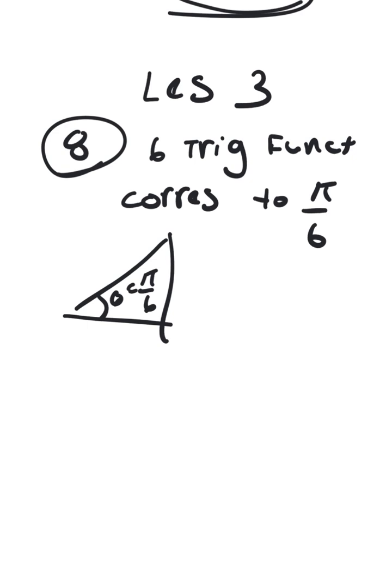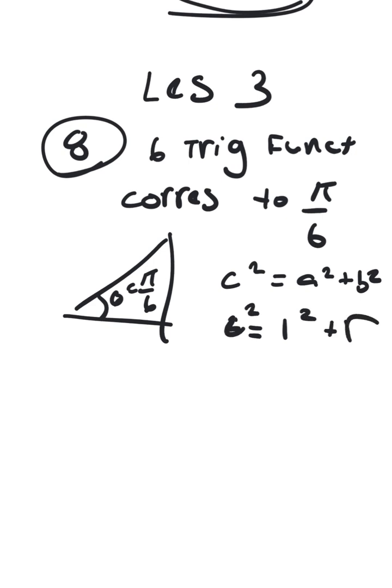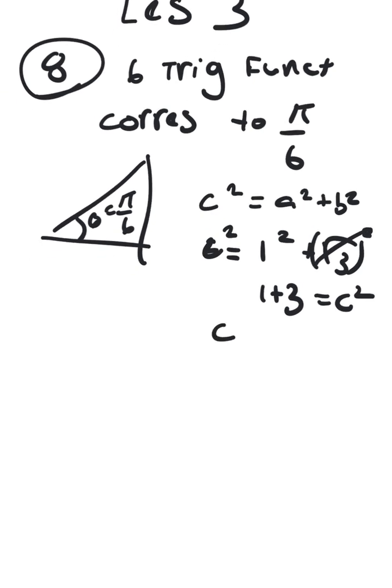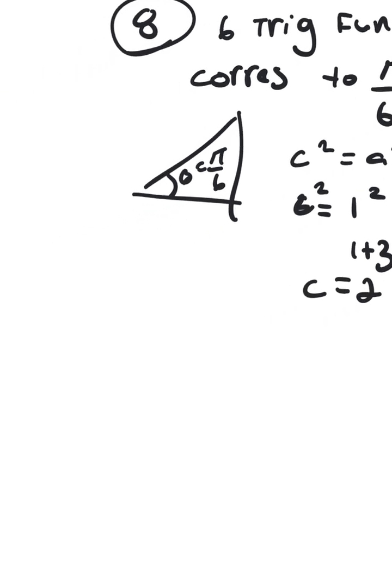But how do we get this? c squared equals a squared plus b squared. c squared equals 1 squared plus the square root of 3 squared. The square root cancels out. 1 times 1 is 1. 1 plus 3 equals c squared. Therefore, c equals 2.